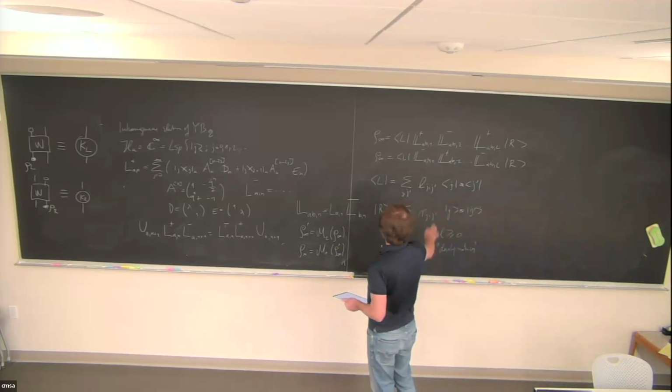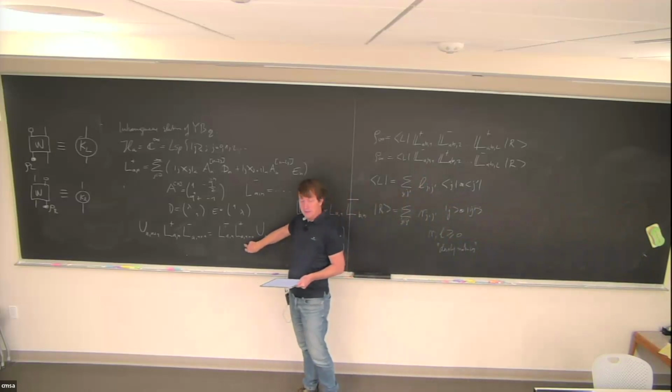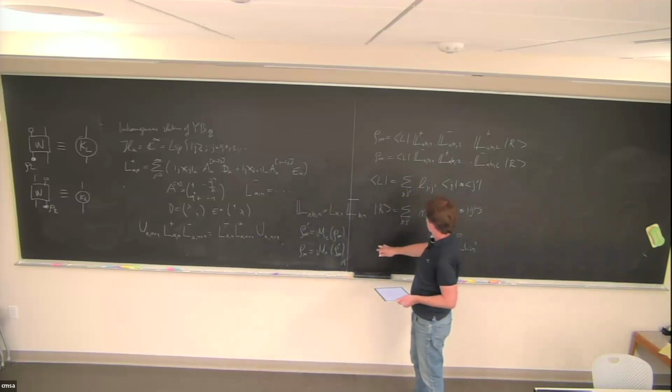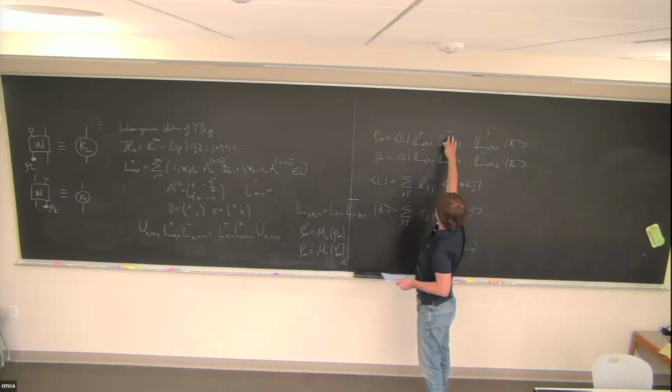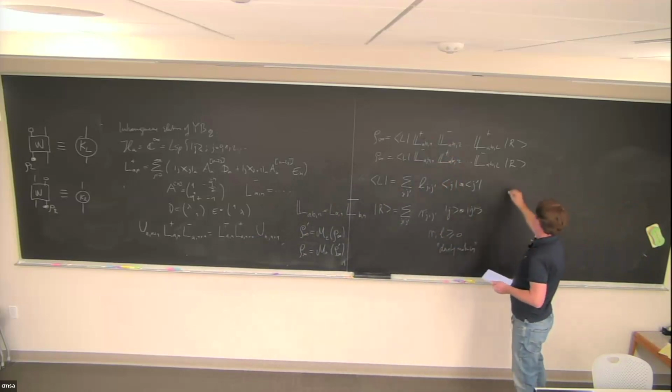Now you plug these into these equations and you implement these Yang-Baxter relations. These Yang-Baxter relations allow you to flip plus to minus and minus to plus, except at the boundary. At the boundary, you have to solve boundary equations.